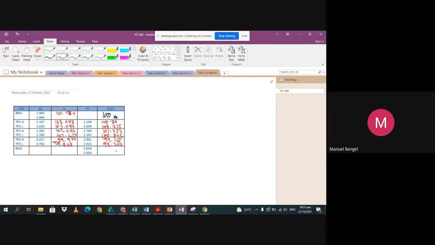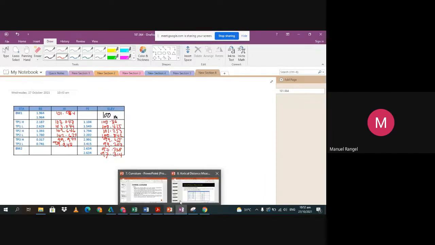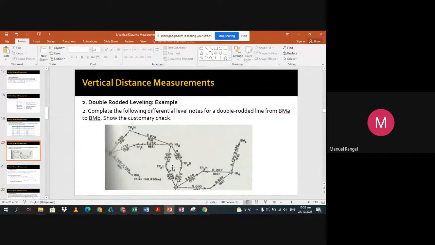So the elevation of BM2: 99.972 minus 2.634 is 97.338. The other: 99.948 minus 2.634 is 97.314 meters. So there is a difference in their elevations. They don't have the same value. Let's check why. They should have only one elevation.